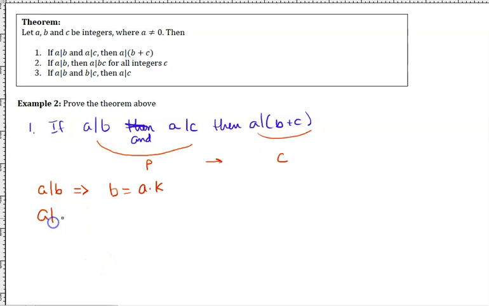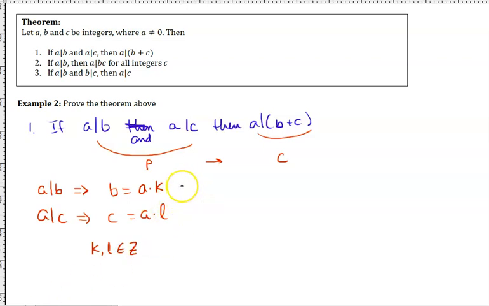We also know that a divides c, so we can write c as a times an integer. Make sure to take different integers. If you take the same integer for both, then you're looking at a special case rather than a general case. So we say k and l are integers.